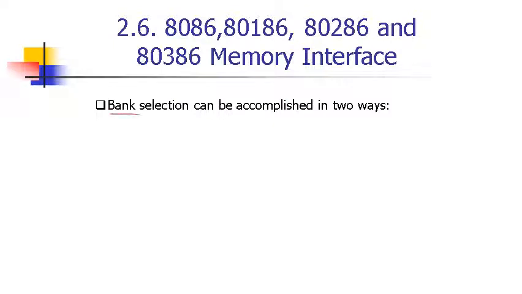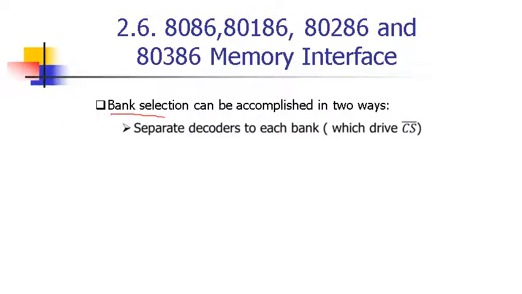Again, bank selection can be accomplished in two different ways. You can use separate decoders for each bank. As we did in our memory example of static RAM, when we made a separate decoder for each of the chips, here as well, you can use a separate decoder to decode signals to activate either one of the two banks through chip select.